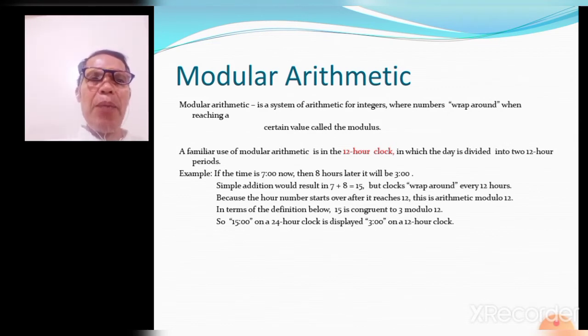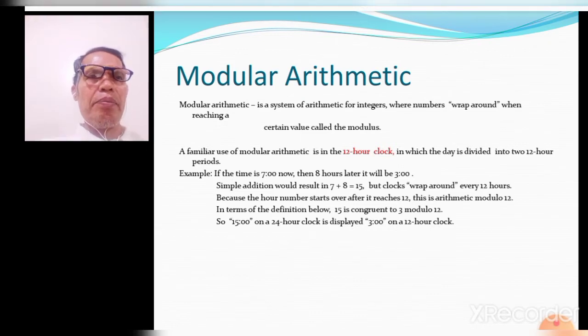But clocks wrap around every 12 hours because the hour number starts over after it reaches 12. This is arithmetic modulo 12. In terms of addition below, 15 is congruent to 3 modulo 12. So, 15 o'clock on a 24-hour clock is displayed 3 o'clock on a 12-hour clock.